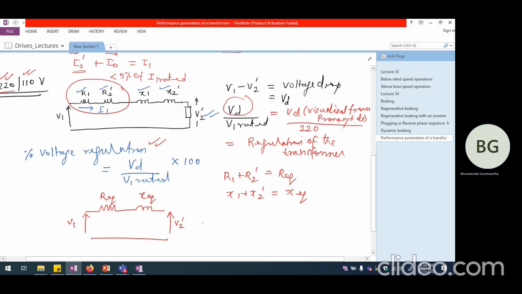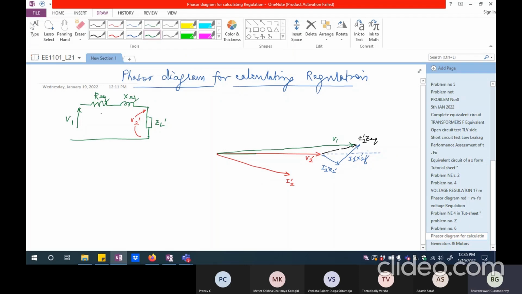If you may recall, we had said that the overall equivalent circuit of the transformer consists of an R equivalent, which is actually R1 plus R2 dash. Similarly, X equivalent, which is X1 plus X2 dash.